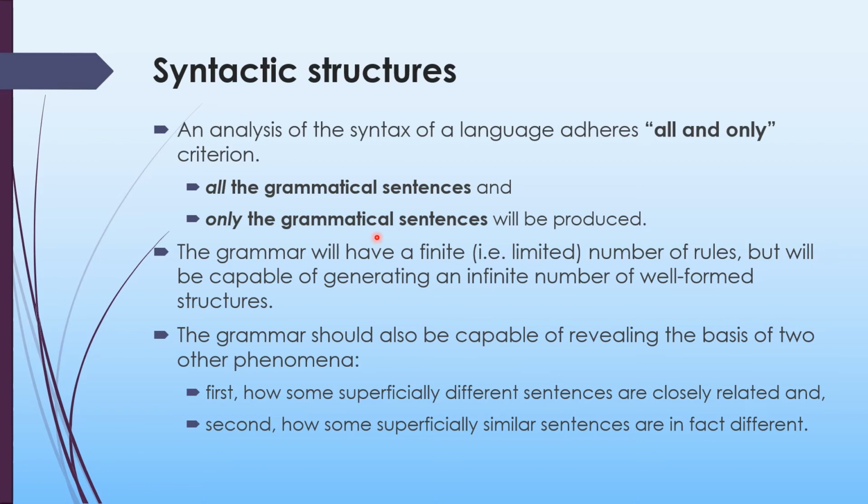We do not want to produce ungrammatical sentences, or those patterns which are not grammatical. If you do that, then you can produce all and only grammatical sentences, which is one of the criteria of having the language, of understanding the language.